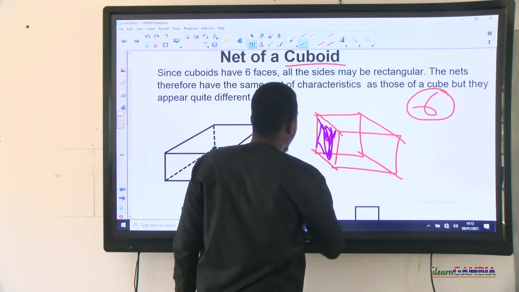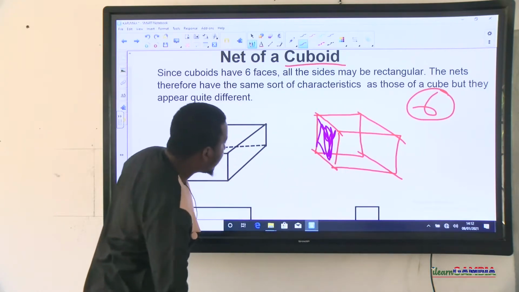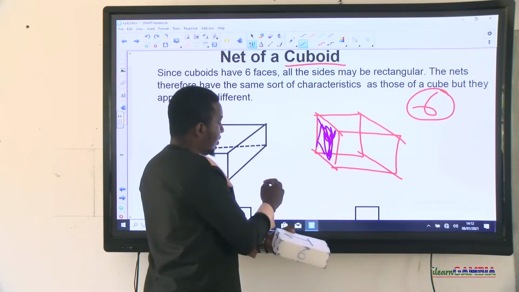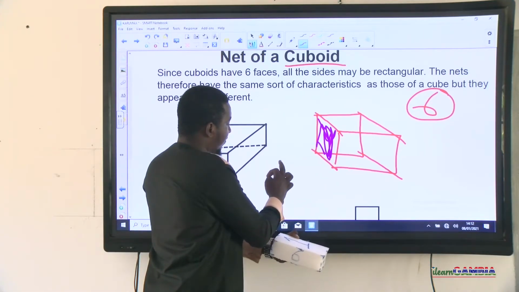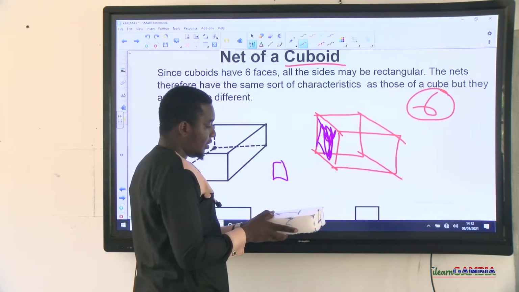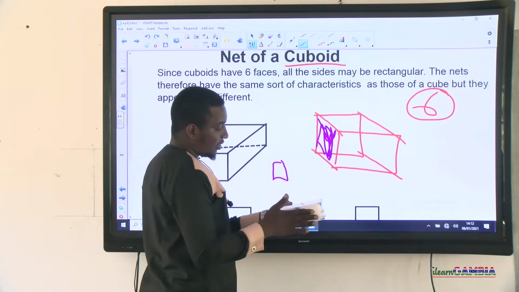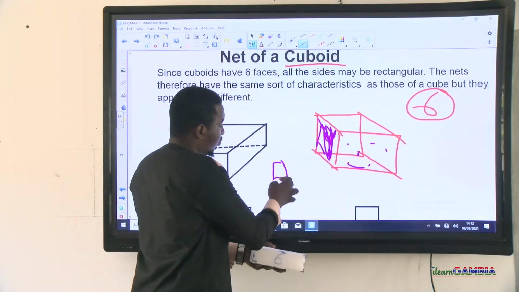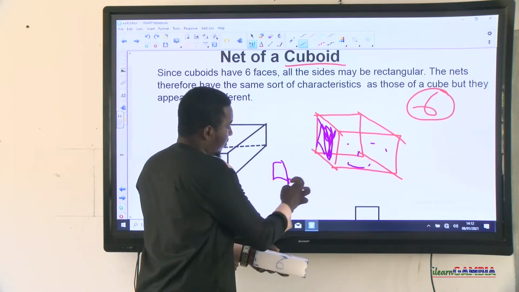If I'm going to open it now, let's say we have this. This is how the cuboid looks like. Now this side here is what we are going to have, let's say this way, if you open it flat, and then this other side, that is the face in front here, is going to be like this.